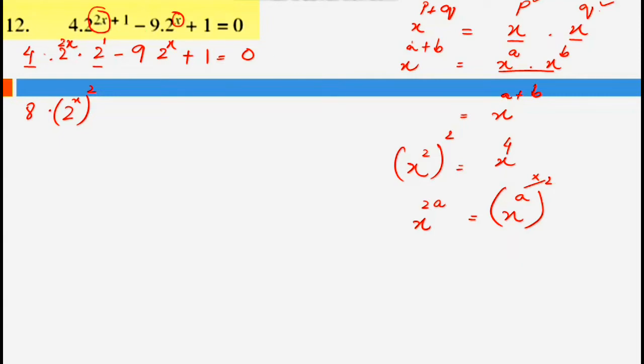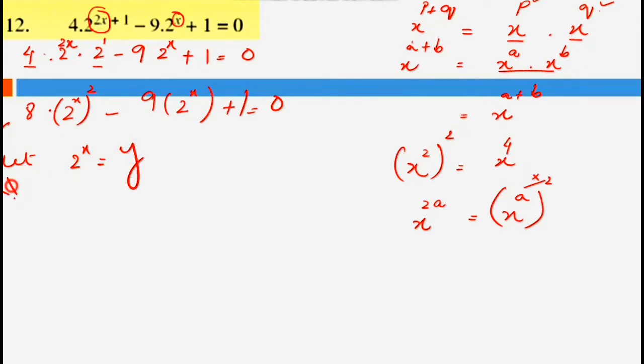So here, similarly, we can write 2 raised to the power x whole raised to the power 2, minus 9 into 2 raised to the power x plus 1 is equal to 0. And let 2 raised to the power x be equal to y.